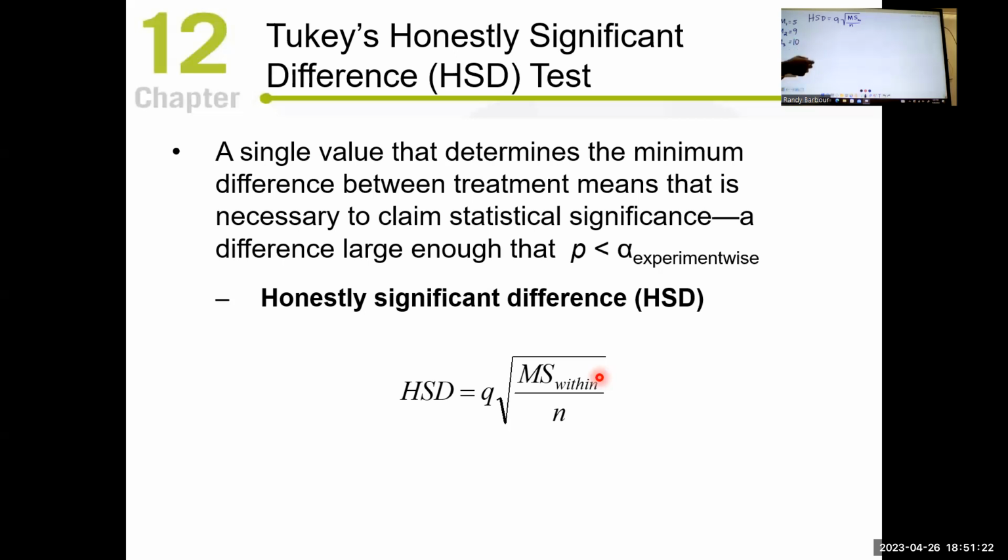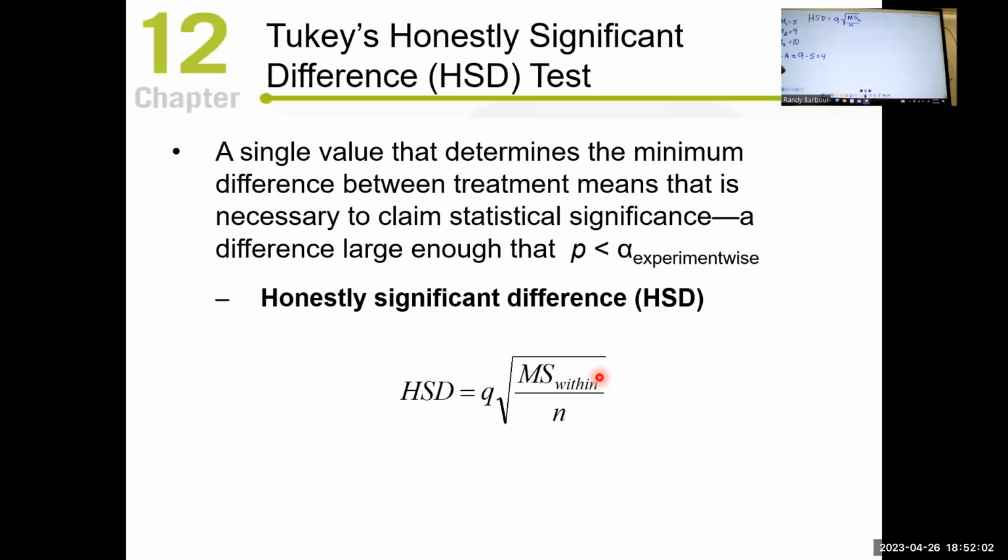When I compare, I'm going to do B minus A, C minus A, and then C minus B. B minus A gives me 9 minus 5, which is 4.